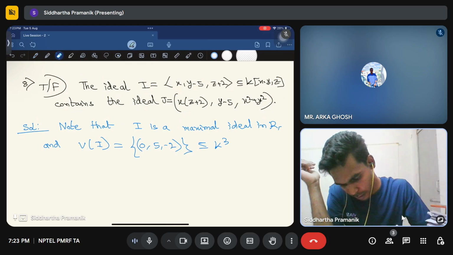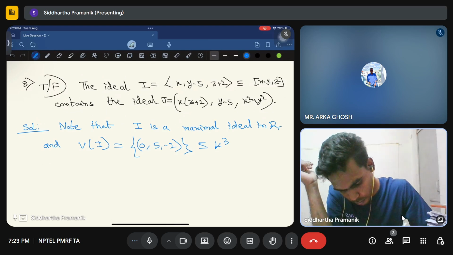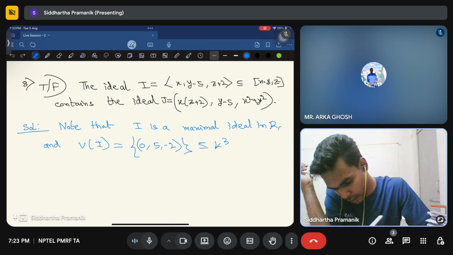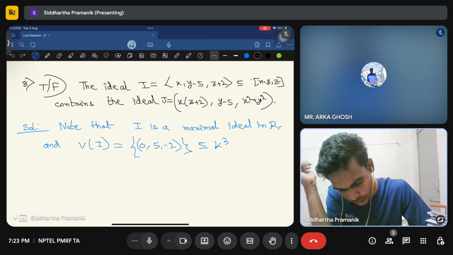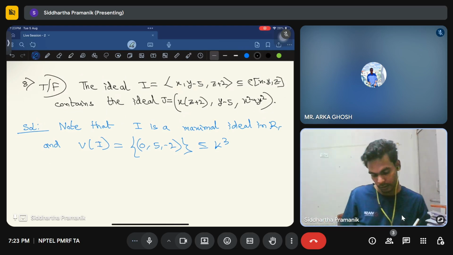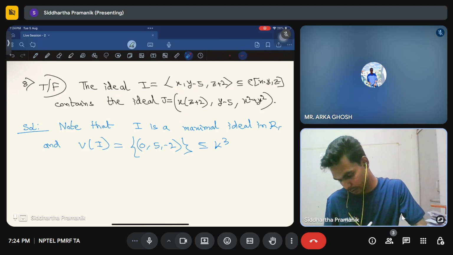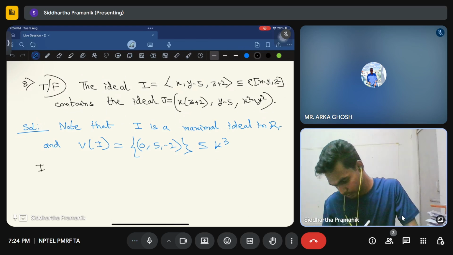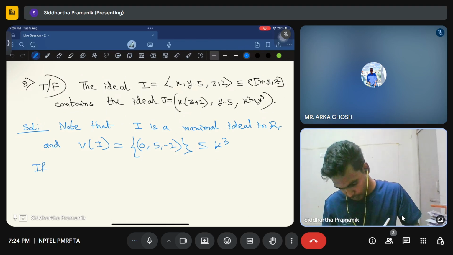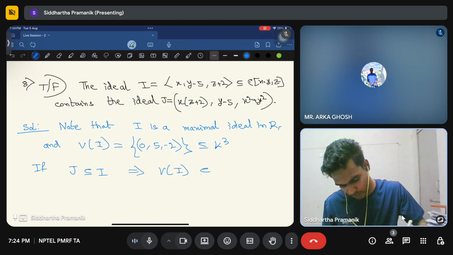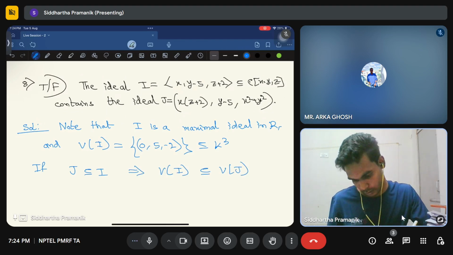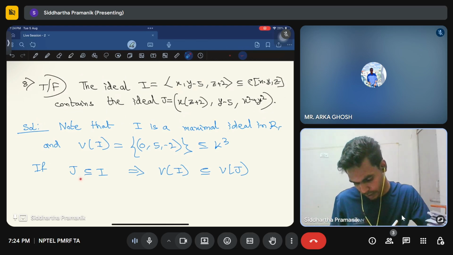Or we may assume K is C. One may ask that for Hilbert's Nullstellensatz sometimes we need algebraically closed fields. So the variety of I is this singleton set. If J is a subset of I, then if we take the variety, V(I) has to be a subset of V(J), because V reverses the containments.